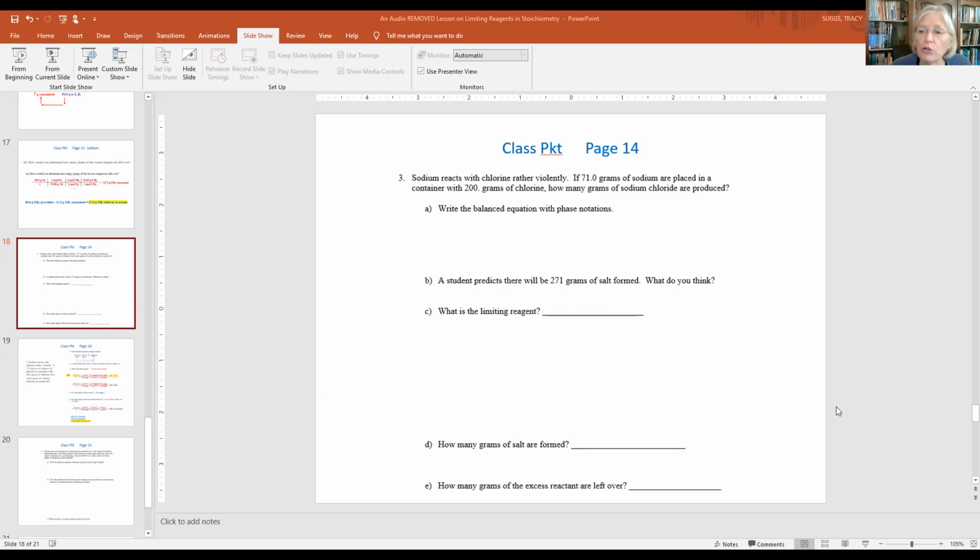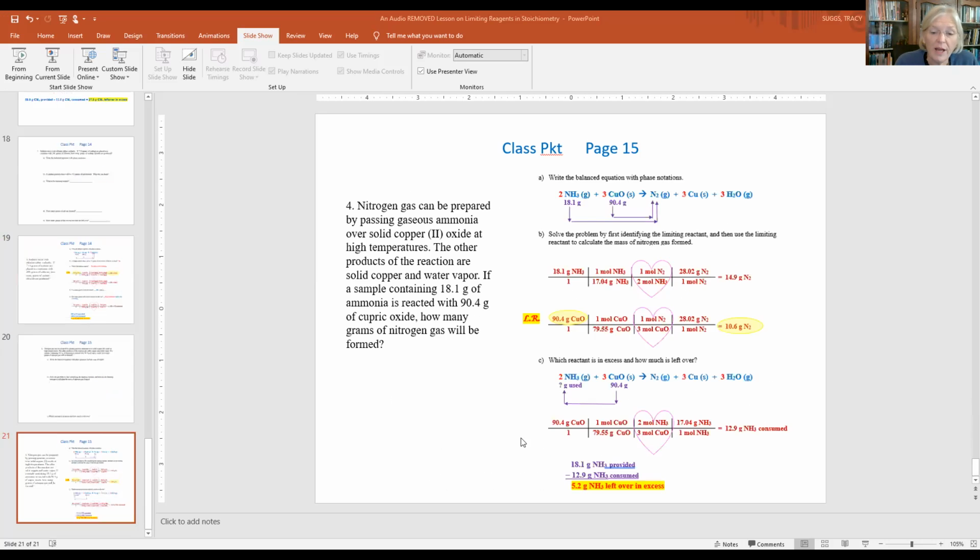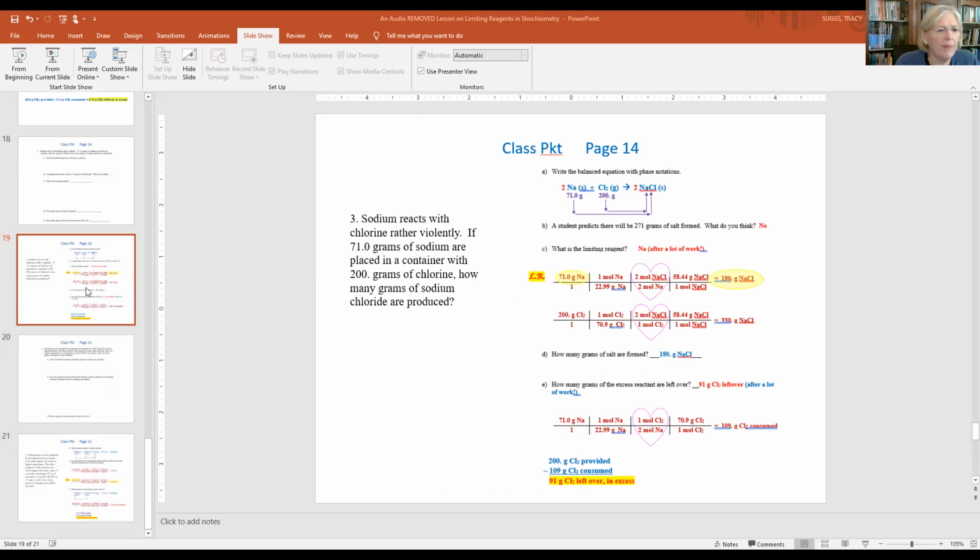So please do the work now to calculate how much salt you are going to make if you start with 71 grams of sodium, and then do a second stoichiometry, how much salt or product, sodium chloride, will you make with 200 grams of chlorine? So right here is the space to do those 2-dimensional analyses. You can ultimately tell me how much product is formed.